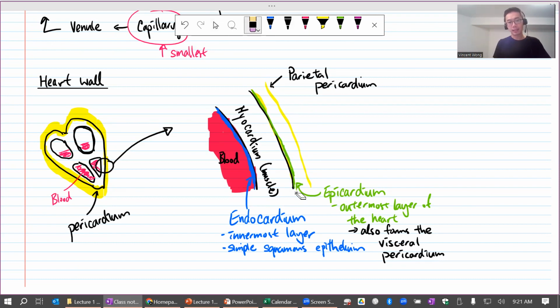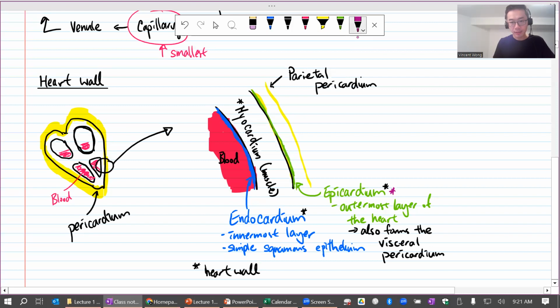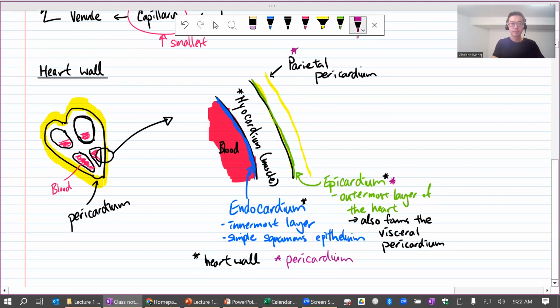So all these things here, I'll put a star here: the endocardium, this thing, and this thing. Those are the heart wall. And then this here, a different color star, and this here, that forms the pericardium.